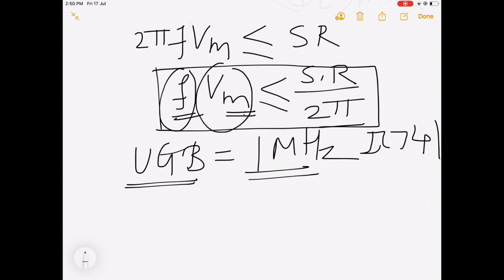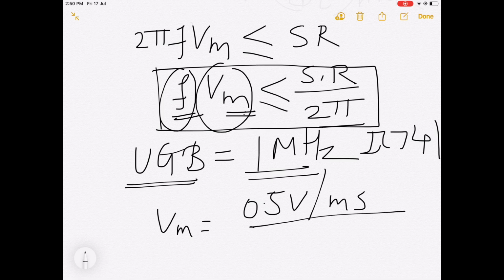That can be calculated by Vm equal to 0.5 volts per microsecond divided by 2 pi f. Here f is 1 megahertz, so 1 into 10 raised to 6.